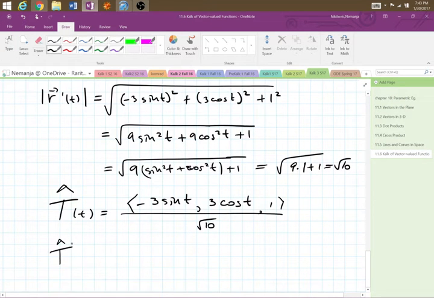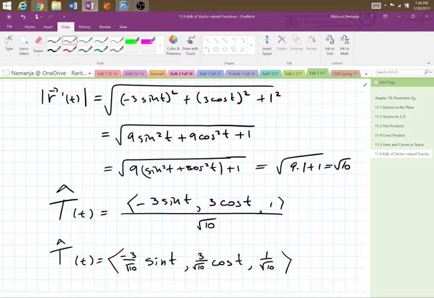Check what your homework wants you to do, if they rationalized or not. So we have negative 3 over root 10. We should rationalize. And I said it, and I'm still not doing it. Terrible. But there it is.